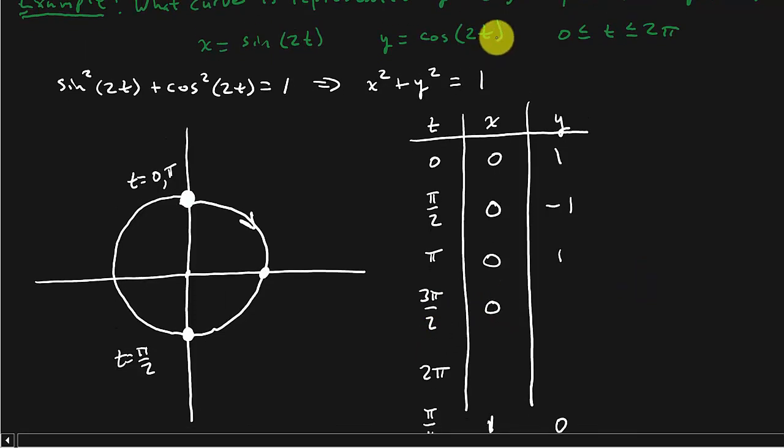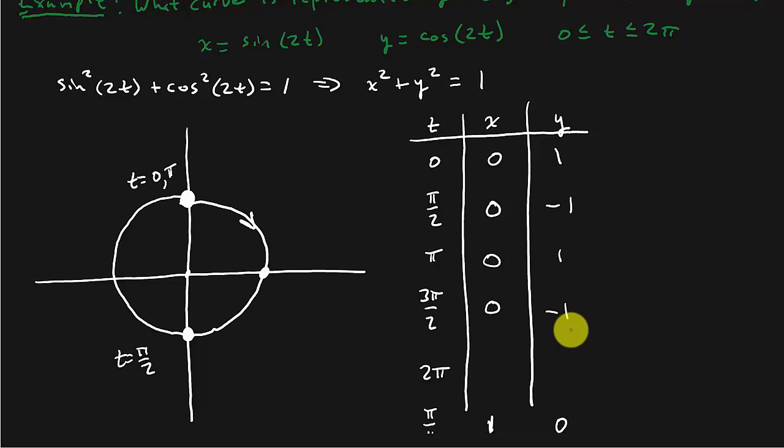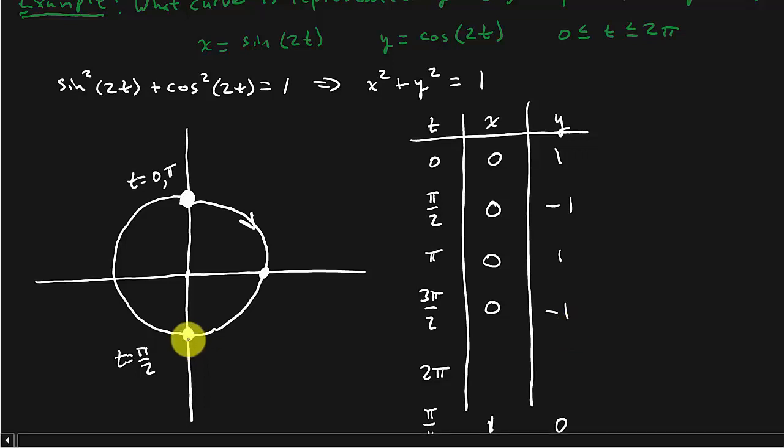And then the cosine of 3 pi. So the cosine of pi is -1. The cosine of 3 pi is also -1. When the integer in front of pi is an odd number, cosine is going to be -1. And so that's going to be right here. And so you can see this is also when that equals 3 pi over 2.